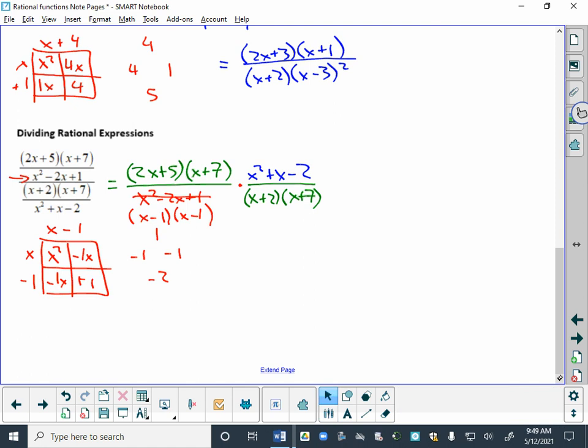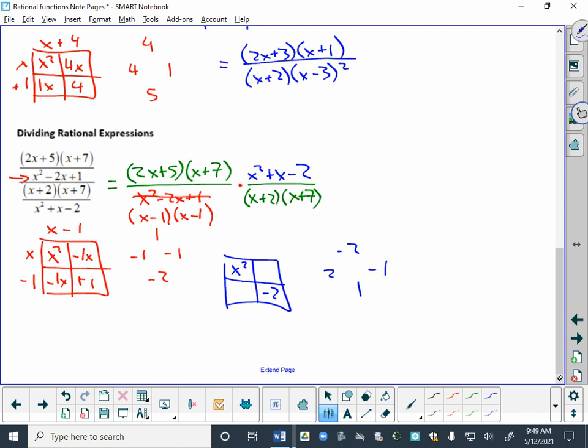And we'll factor the blue one. X squared there and a minus 2. 1 times negative 2 is negative 2, and they're supposed to add up to a positive 1. Sounds like a positive 2 and a negative 1. And so this is equivalent to x minus 1 times x plus 2.